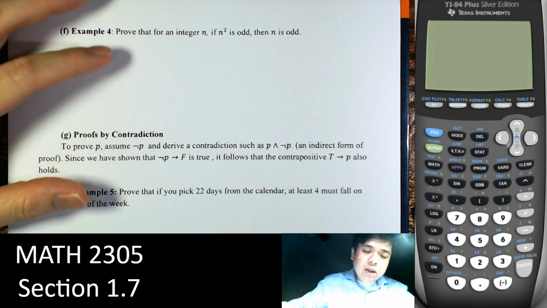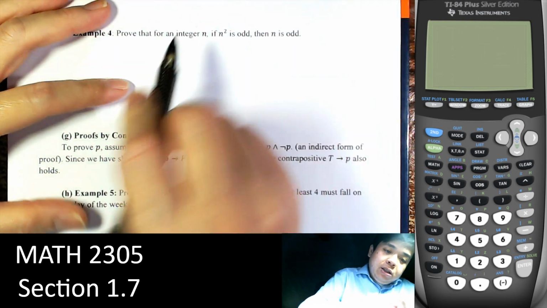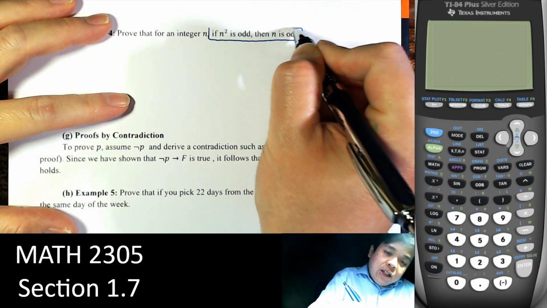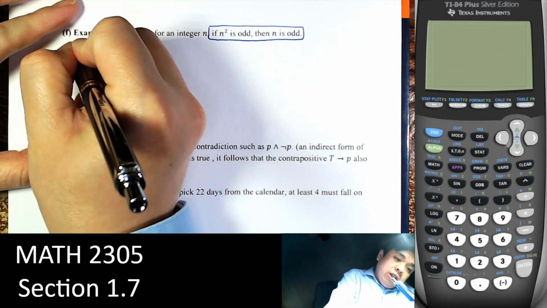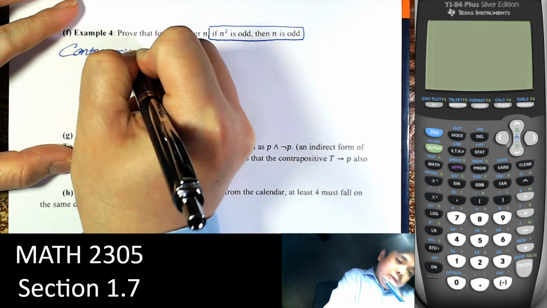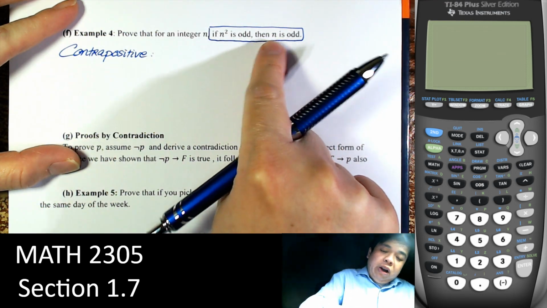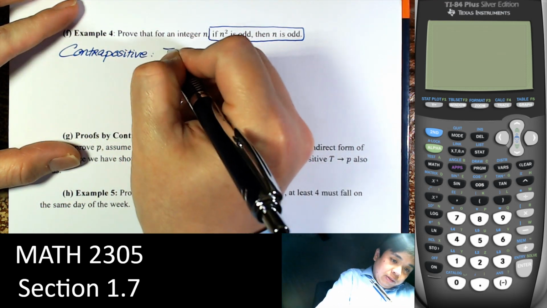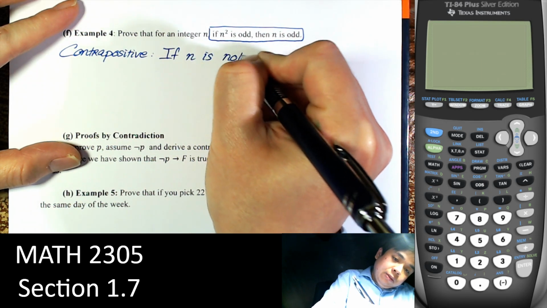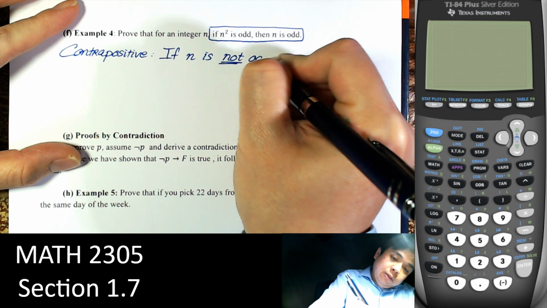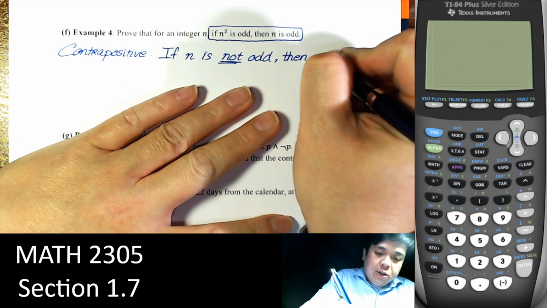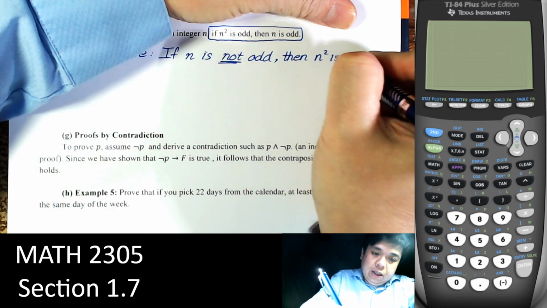So again, I will write the statement that we need to prove. If n square is odd, then n is odd. So write the contrapositive. I'll have to flip this and negate. If n is not odd, then n square is not odd.